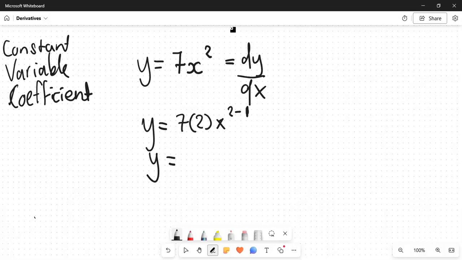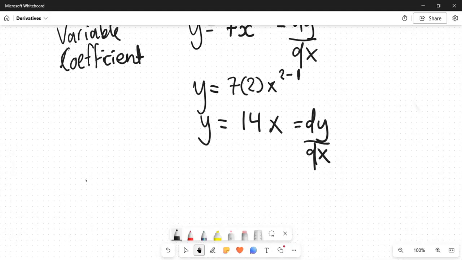Derivative here will be 14x. So this is our dy over dx. So in simple ways, this is how we find the derivative of a single term.